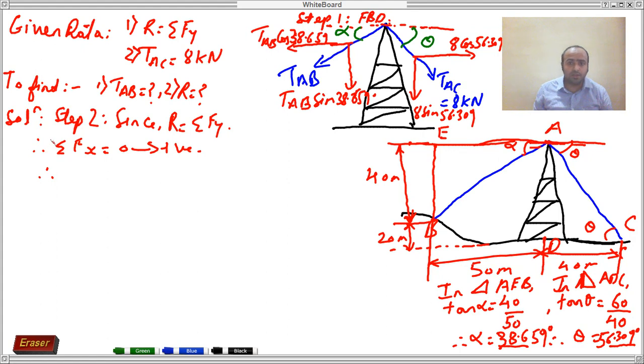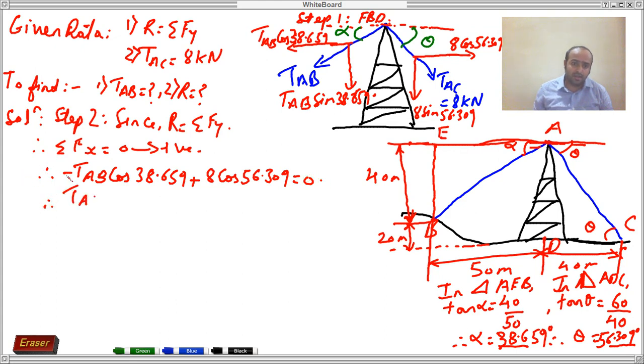Let us frame the equation for this. It will be minus TAB cos of 38.659 plus 8 cos of 56.309 is equal to 0.